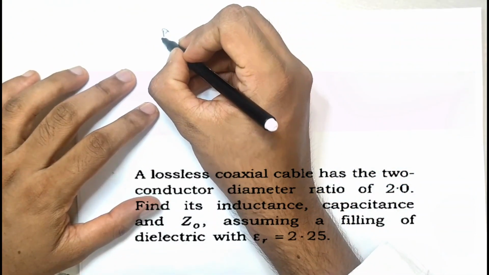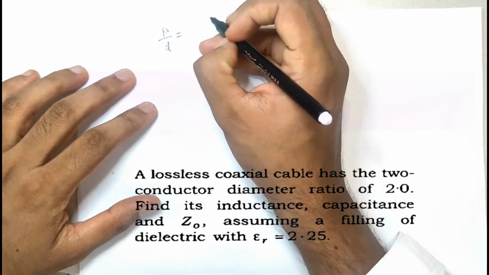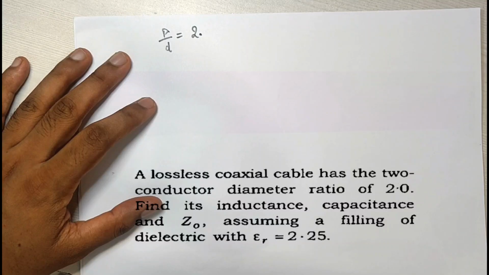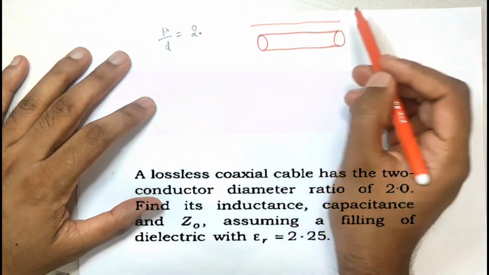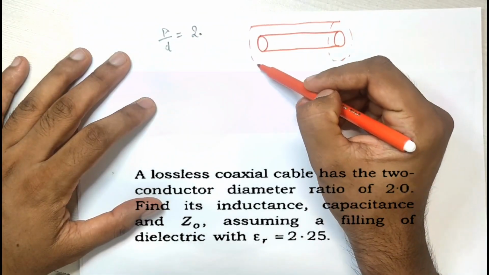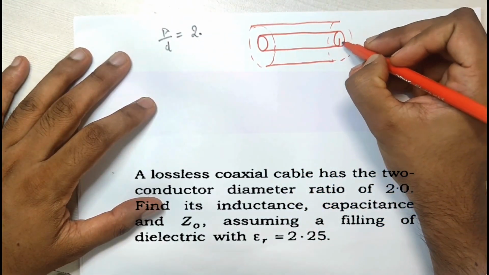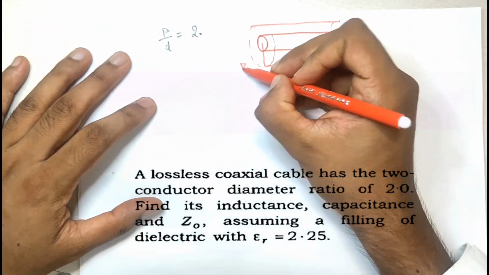So it is saying D by d is equal to 2. Now here we need to understand one thing. Now the diameter of this is saying D and the diameter of this is d.